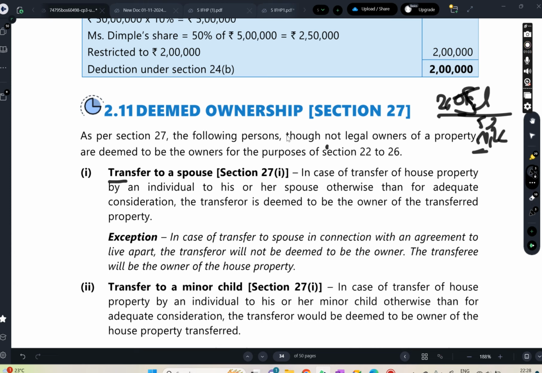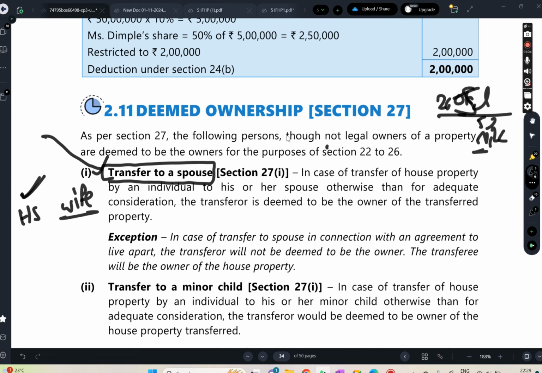Just to escape the tax, if you transfer your house property to your spouse's name, then whatever rent she gets should normally be taxed in the hands of the wife, but it will be taxed in the husband's name, because we know that you are intentionally doing this.